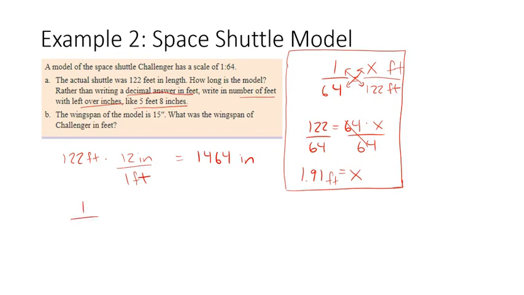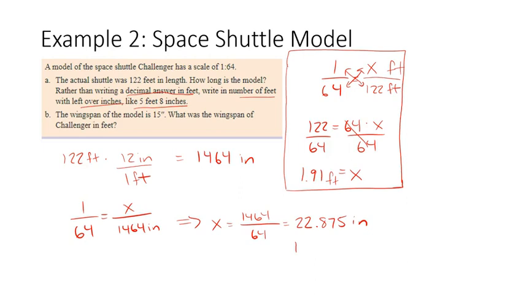So now we can set up the proportion again, but this time using the number of inches. And just like before, we'll find that x is equal to 1464 divided by 64, which is 22.875 inches.